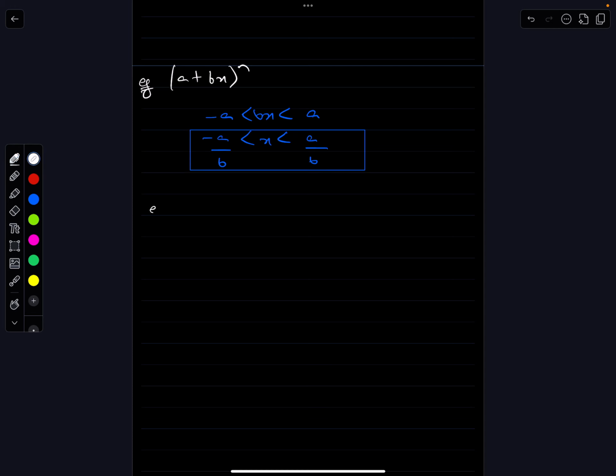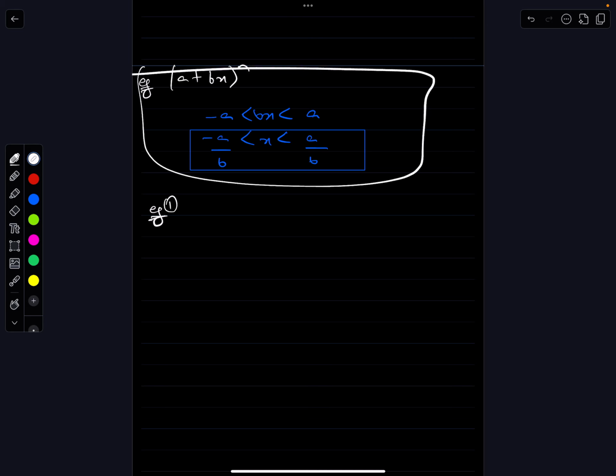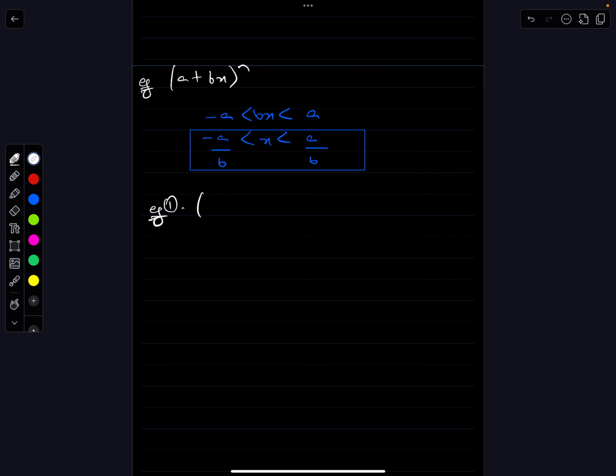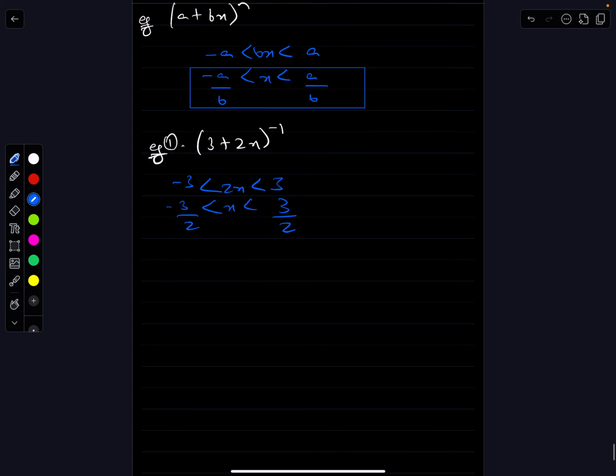Similarly, if I have something like this, the general expansion, let's call this example 1, (3 + 2x)^-1. In this case, I'll first of all write this as 3 and minus 3; 2x lies in between. So x would be between minus 3 over 2 and 3 over 2. And this is the range of validity for x.